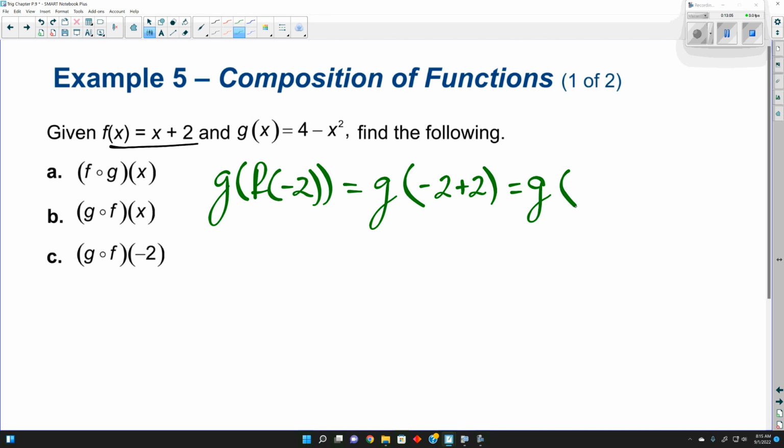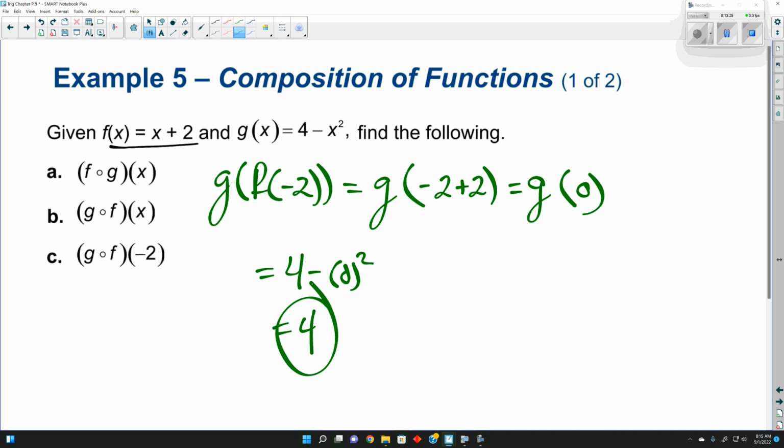Well, what is negative 2 plus 2? It is 0, yes? So we have g of 0. So that means I'm going to plug 0 into g of x, which would be 4 minus 0 squared, which is indeed just 4.